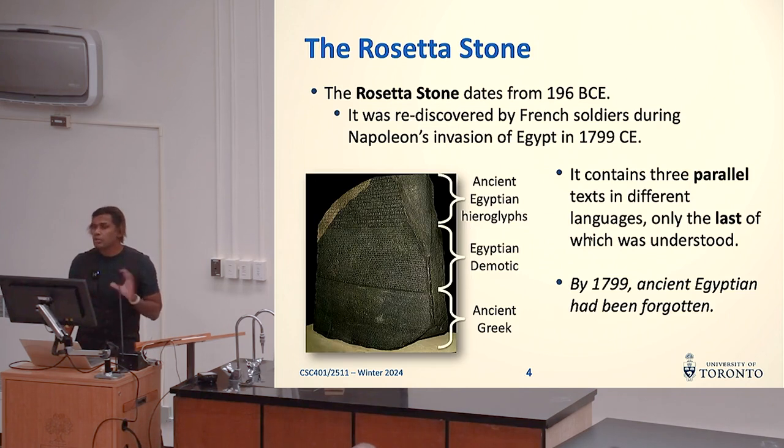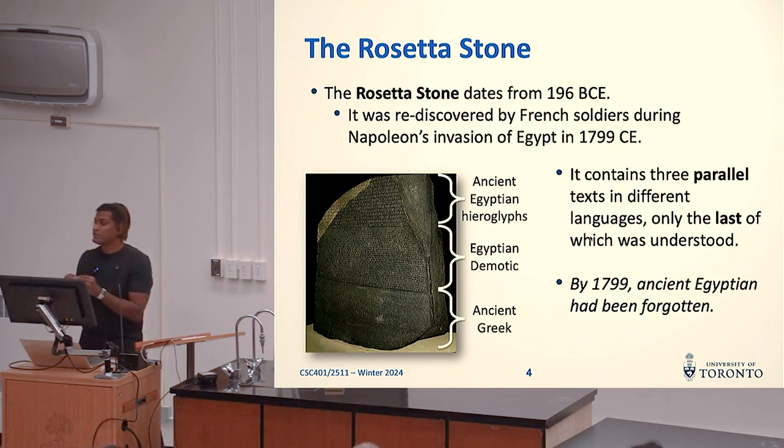No lecture on machine translation is complete without a cursory historical stop at the Rosetta Stone. Rosetta is an Italian name of the Egyptian town called Rashid, where the stone was first discovered in the late BCE. It was rediscovered by French soldiers during the French Revolutionary Wars when Napoleon invaded Egypt, and then acquired by the Brits in 1799.